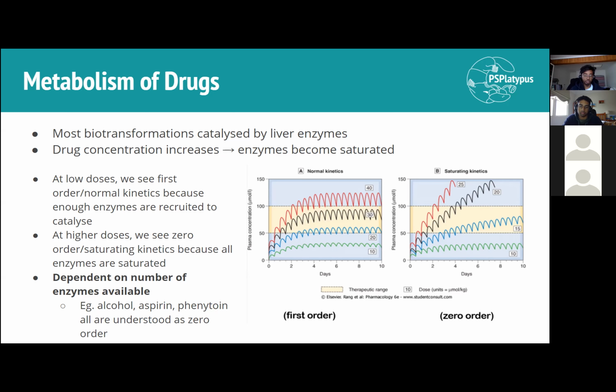And of course, it's all dependent on the amount of enzymes available. So saturation occurs or doesn't occur. We have alcohol, aspirin, and phenytoin, which are all understood as zero order, sorry, zero order or saturating kinetics. And that is important to know when we're thinking about the drug and dosage schedule and amount and things like that.